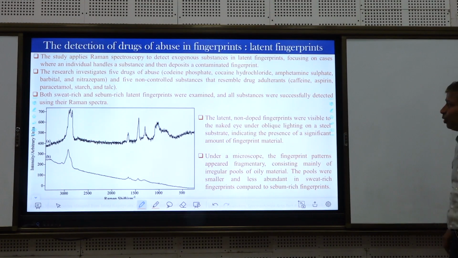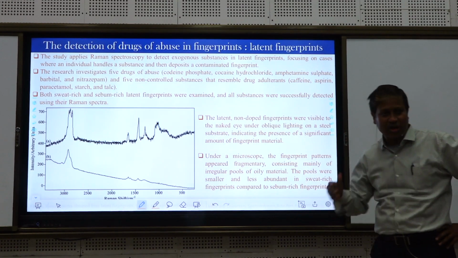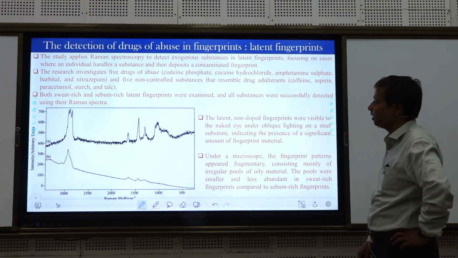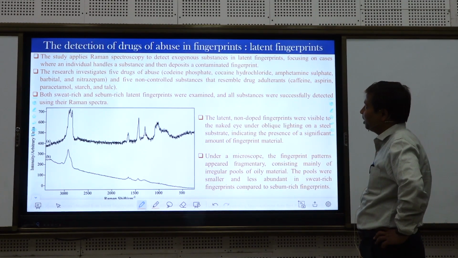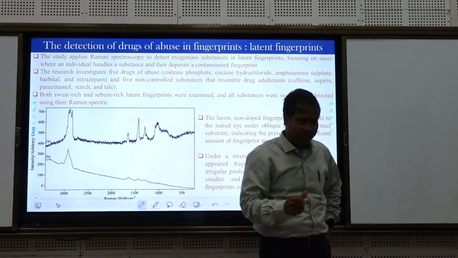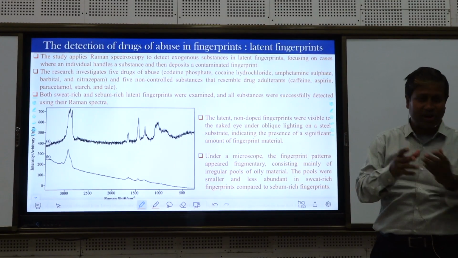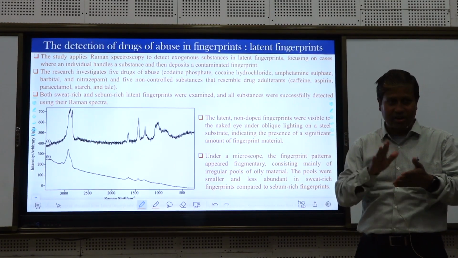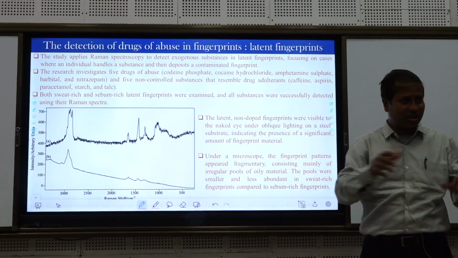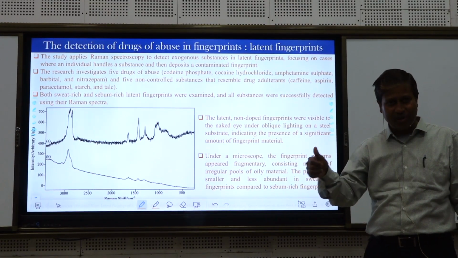The last two slides were for the explosive, and this is for the drug. Forensic means explosive, drug, blood, all these things come into the forensic area. So, detection of drug, and how to detect the drug from the fingerprint. Like if you have taken some drug and then used some door handrail or somewhere, then you have a fingerprint.